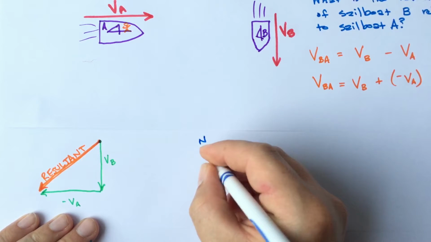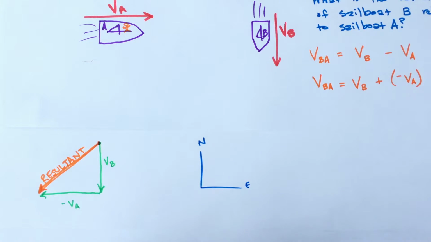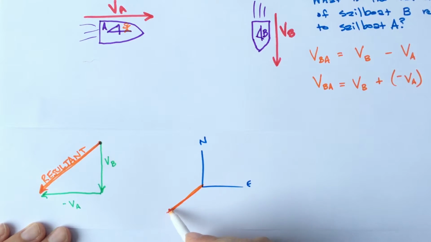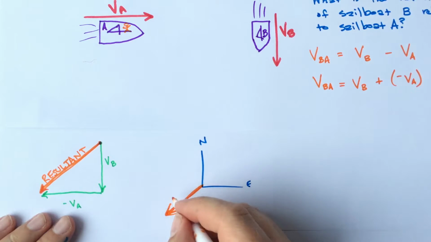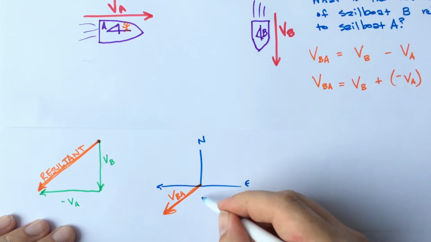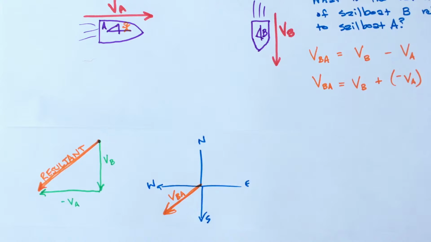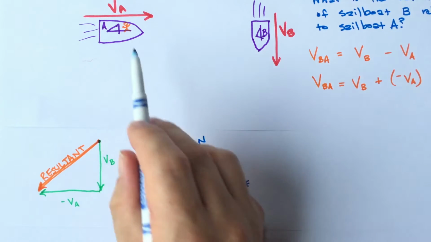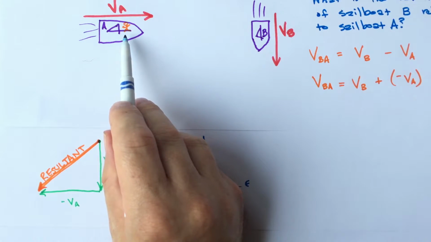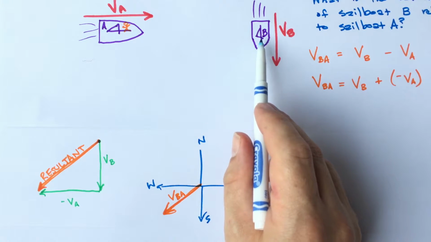We have north is up and east is to the right. So this vector that's headed down this way, if this is the velocity of B relative to A, it looks like it's headed southwest.